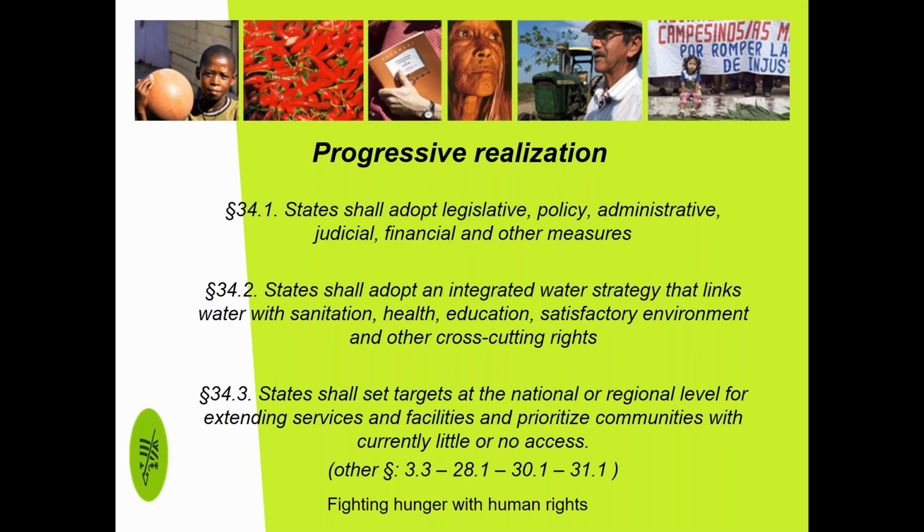So when a state ratifies a treaty or becomes a party to the African Charter on Human and People's Rights, and recognizes the right to water as a human right, it has to think or to plan how this right will be implemented at the national level.